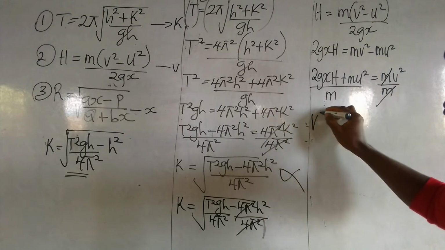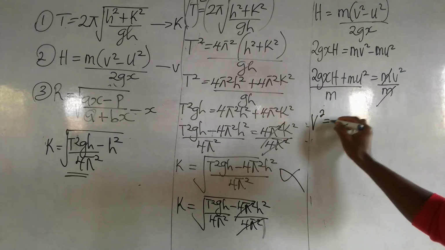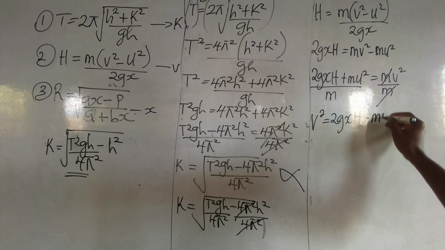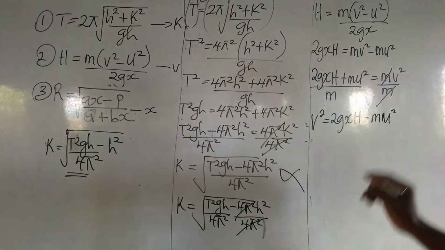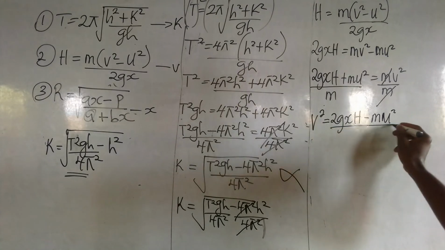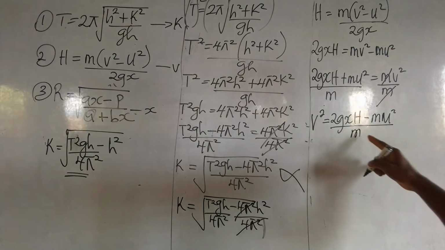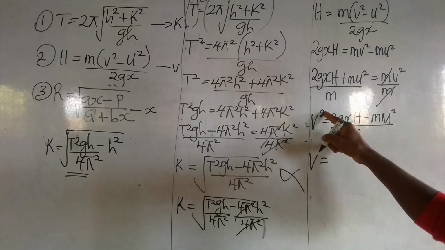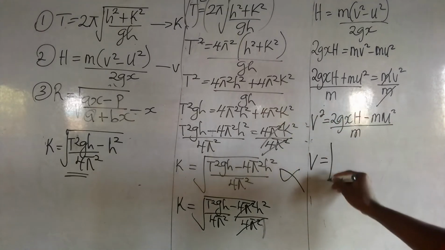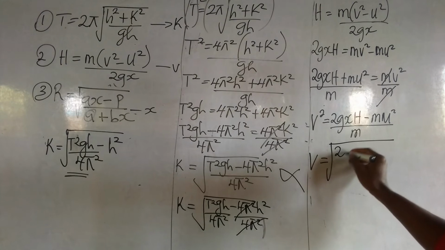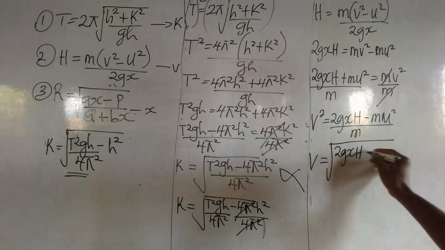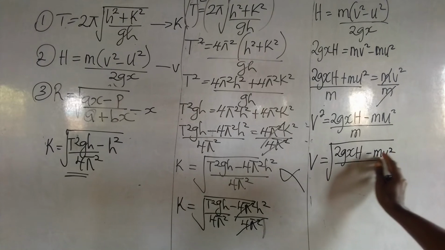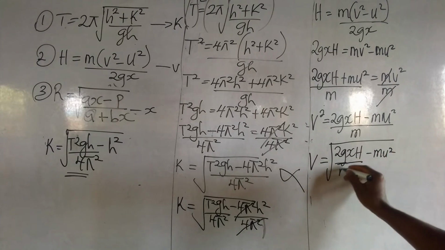Then v squared is equals 2gxh plus mu squared over m. Remember, you have 2, it's crossing, it becomes big root 2gxh plus mu squared over m.